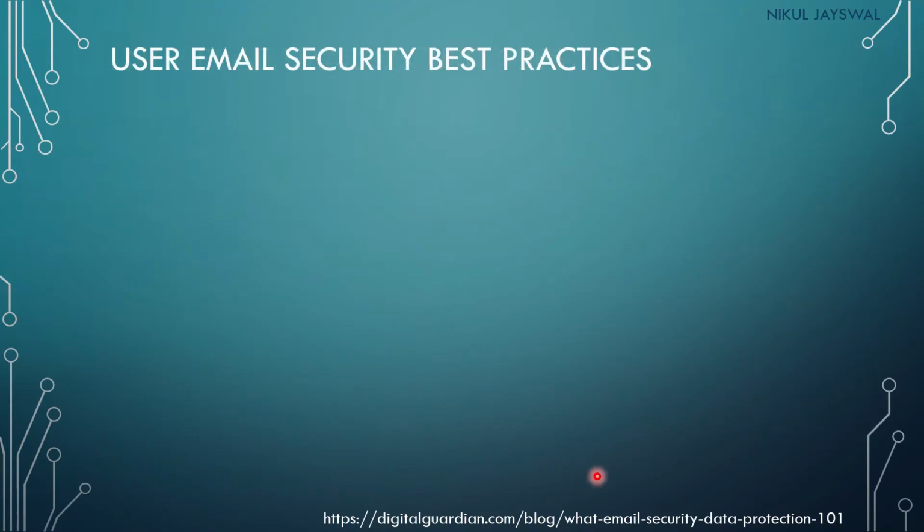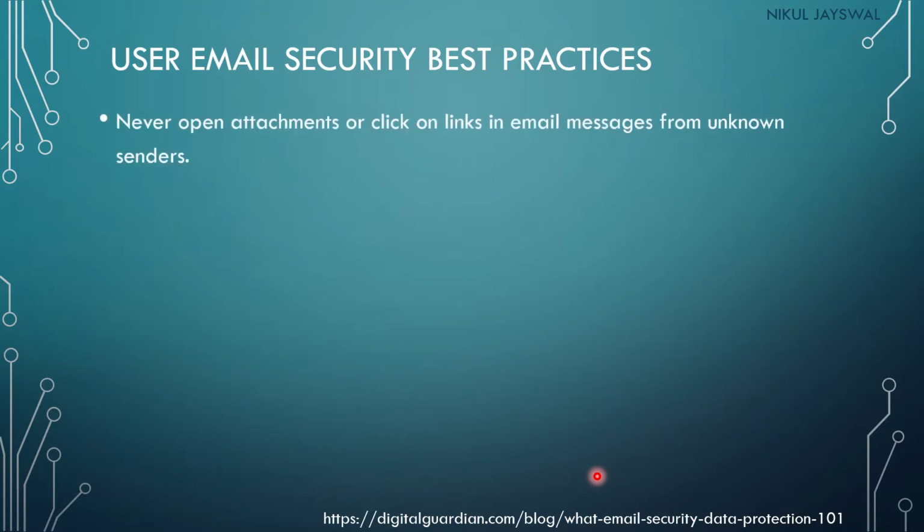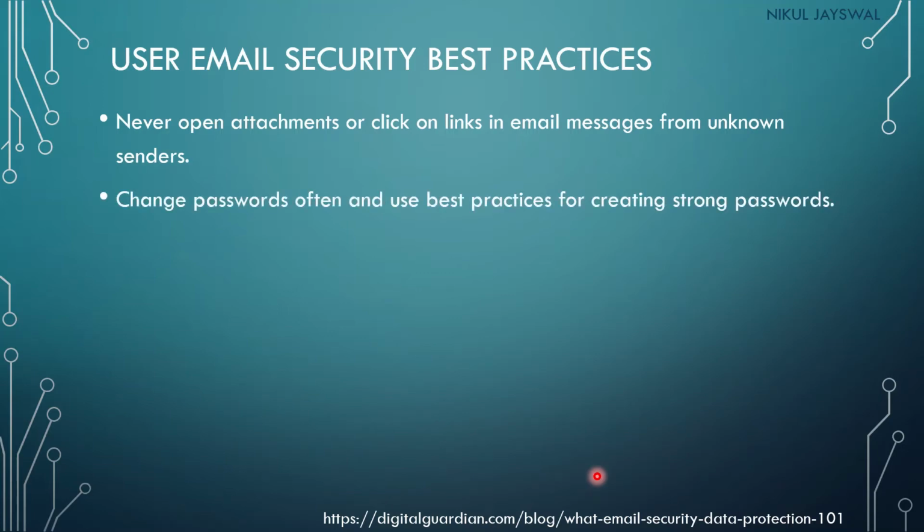Next are email user security practices. That means if you have a personal email account, then these are the practices you need to follow to secure your email. First, never open attachments or click on links in email messages from unknown senders. Then change passwords often and use best practices for creating strong passwords. Then never share passwords with anyone, including co-workers.